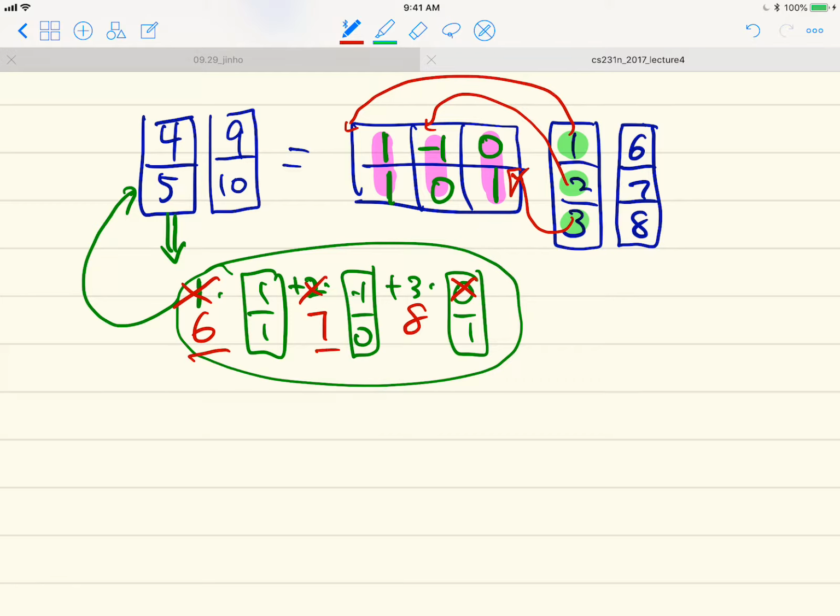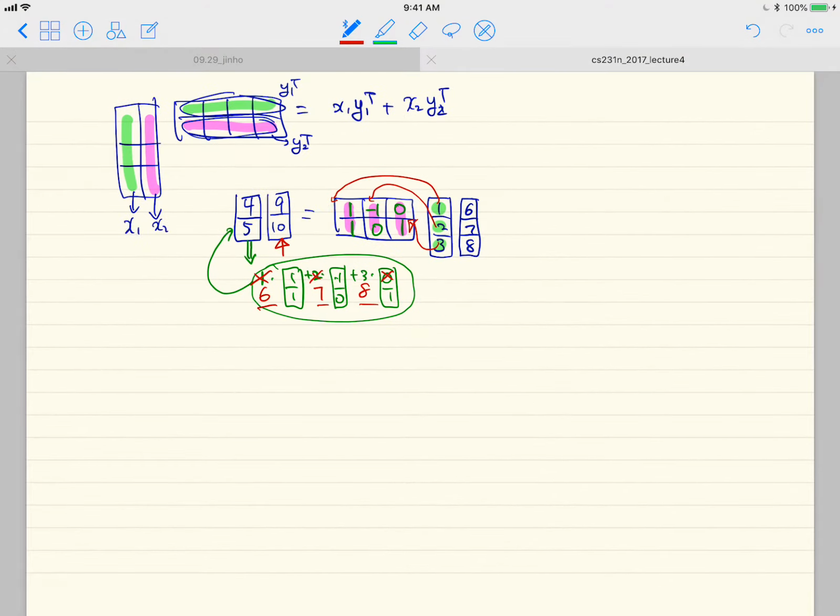But using different linear combination coefficients, that will form the second column of our output, right? Okay, so this was a column combination view of matrix multiplication.